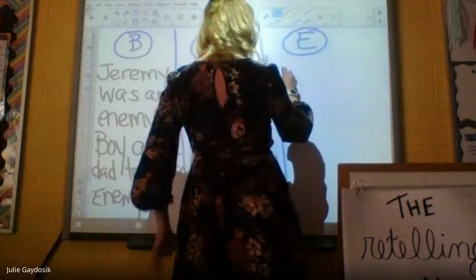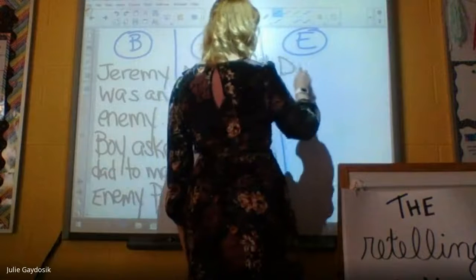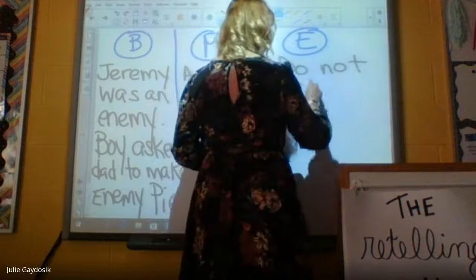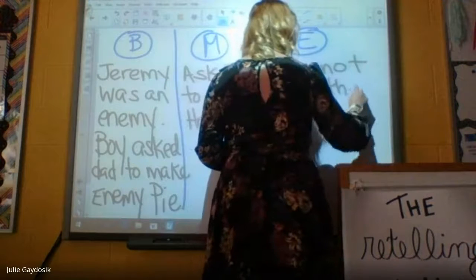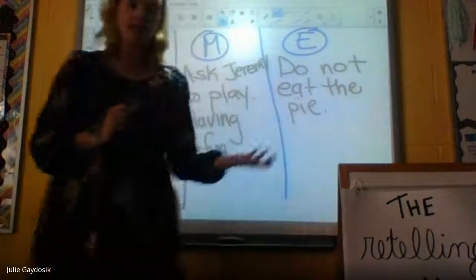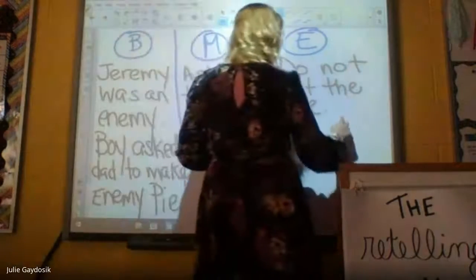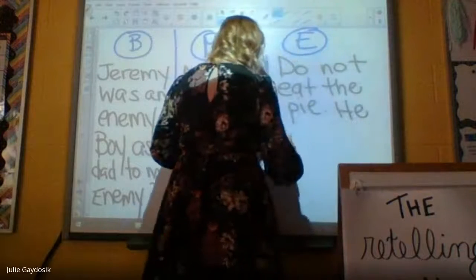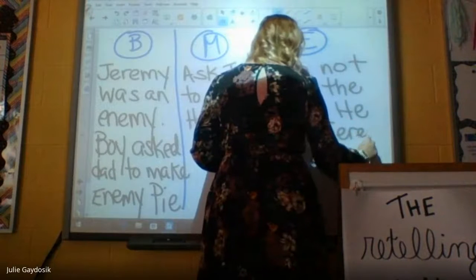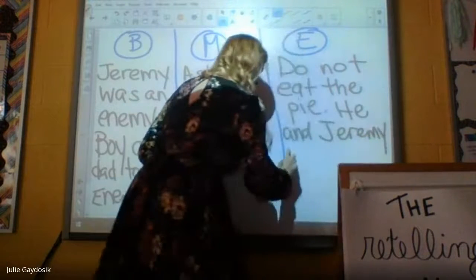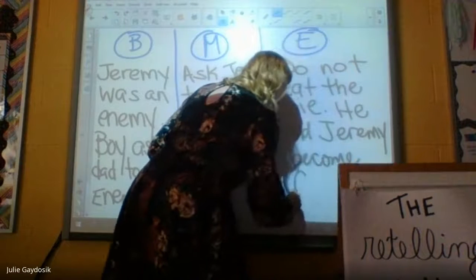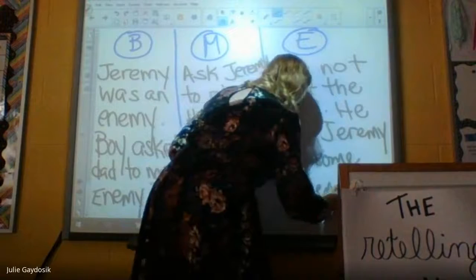So he tells Jeremy to not eat the pie, right? But then he realizes that the pie is good, and he and Jeremy become friends, right? So him and Jeremy become friends.